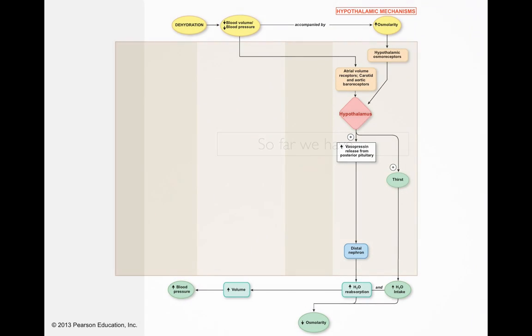So for example, here's what we have so far. We have some person that is super dehydrated. As a result, their blood volume and their blood pressure is very low. We also have the problem that their osmolarity is really high. What we just learned is that blood volume and blood pressure will be sensed by baroreceptors, and we've seen that when we talked about blood pressure regulation in the past.